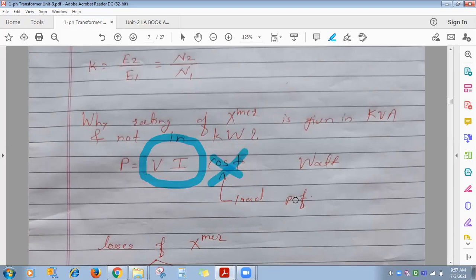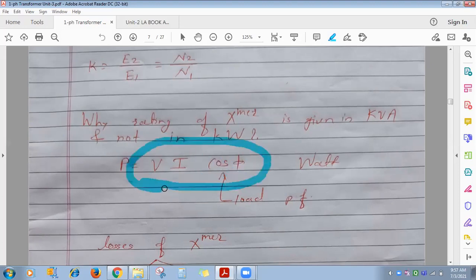But what happens with a motor? The motor itself is a load. Its output is mechanical, and power factor is there only for electrical terms and not for mechanical things. So for a motor, its power rating is given in terms of VI cos phi, that is watt, kilowatt, HP.